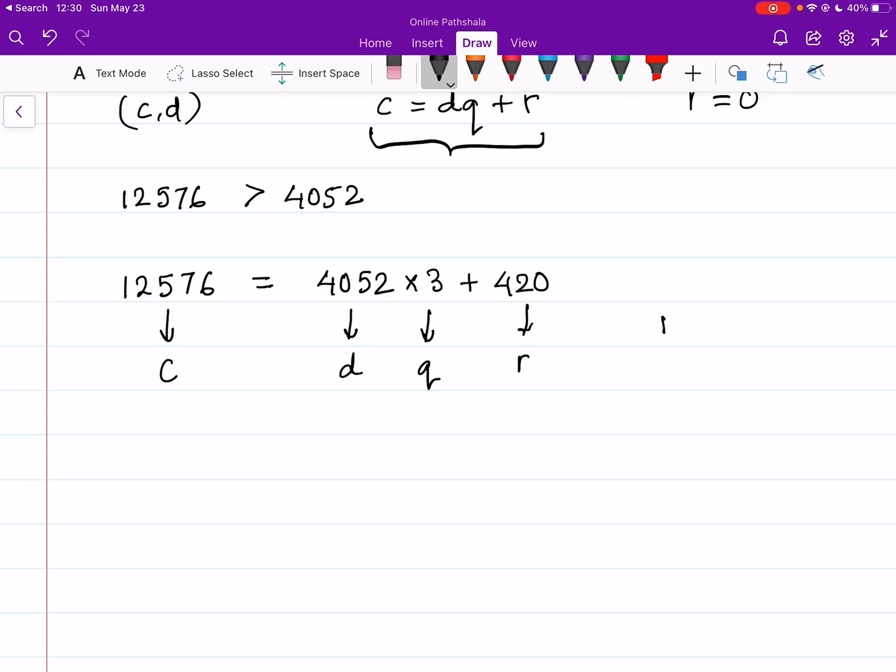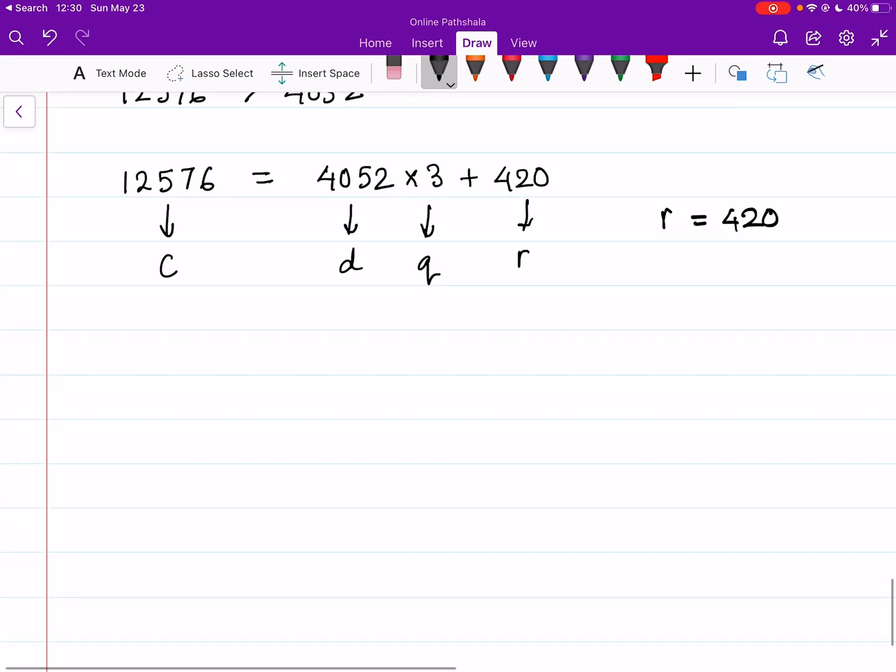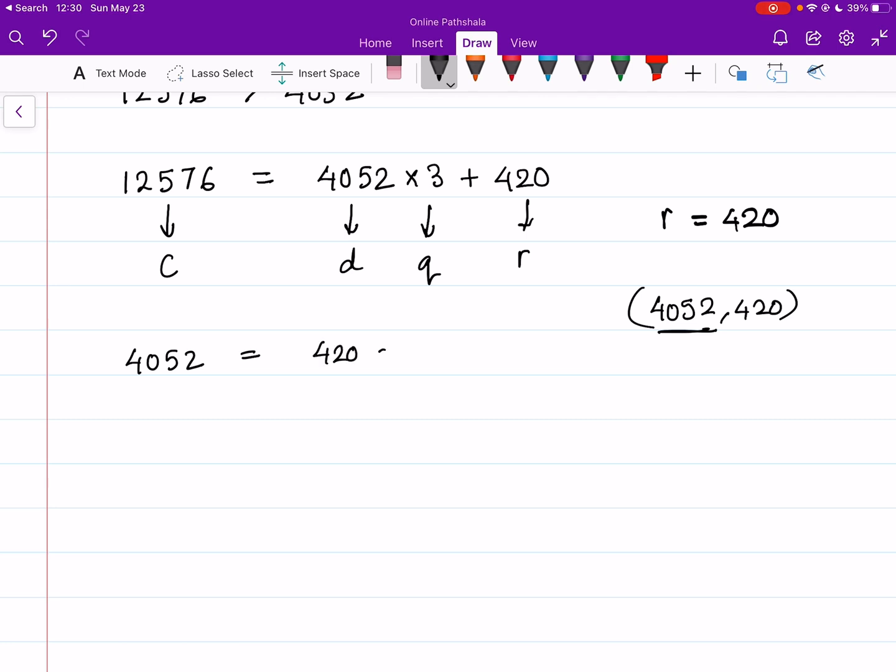Now R equals 420, so this is not equal to 0. So we need to apply this again. We apply the division lemma to the numbers 4052 and 420. Since 4052 is greater, we go 4052 equals 420 times 9 plus 272.